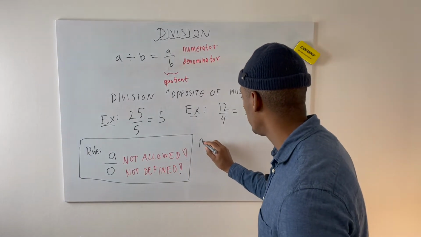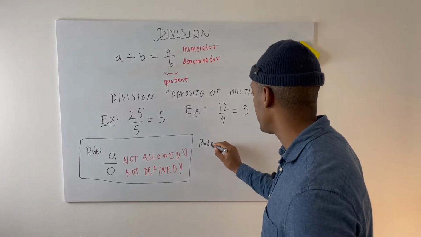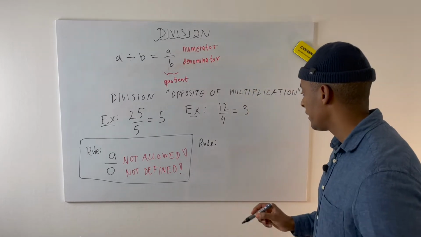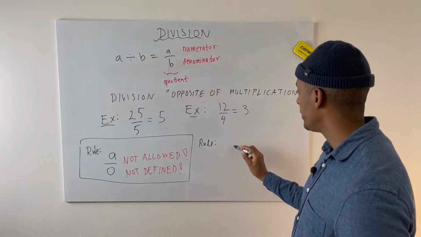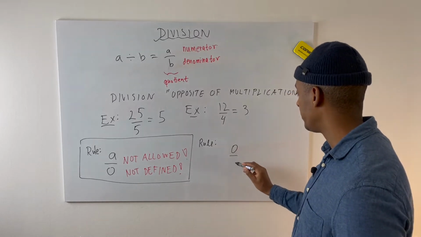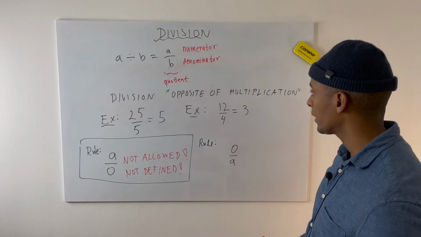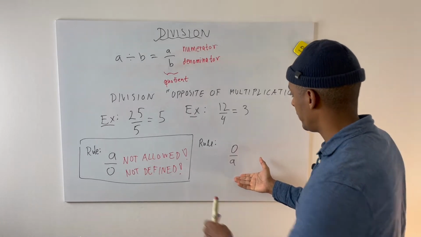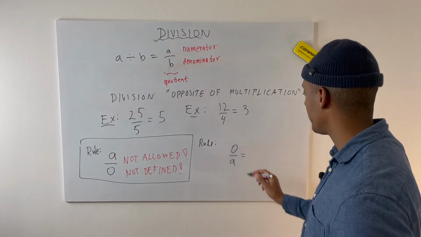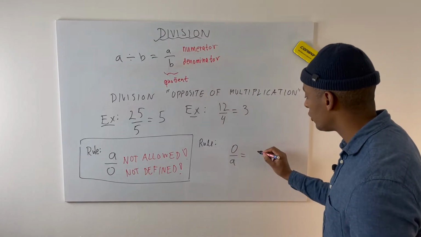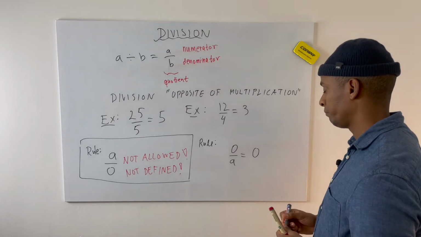The second rule, when we're dealing with 0, is: let's say we have any number A, but now the numerator is 0 and we divide it by A. A is any number except 0. What happens here? This is always equal to 0.